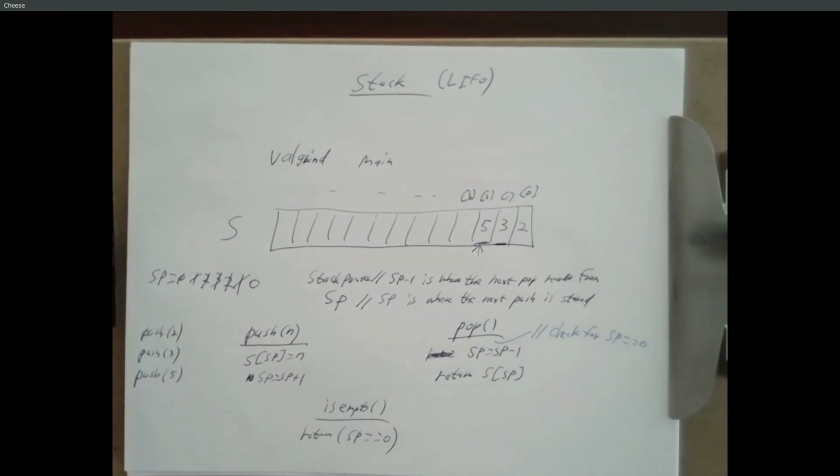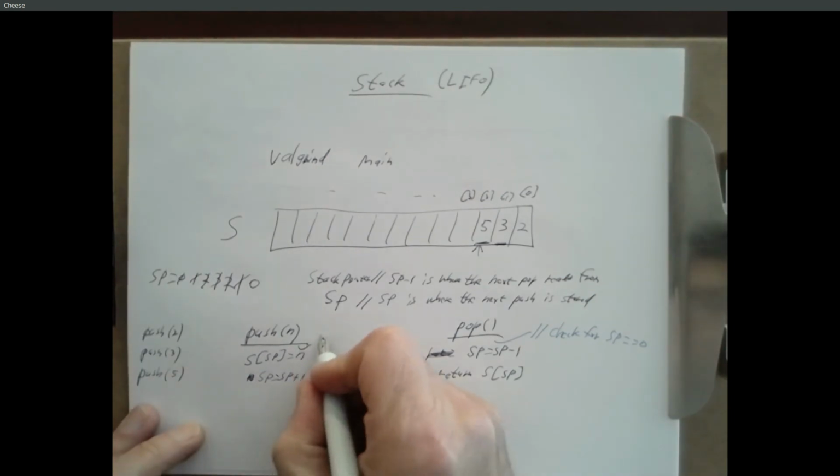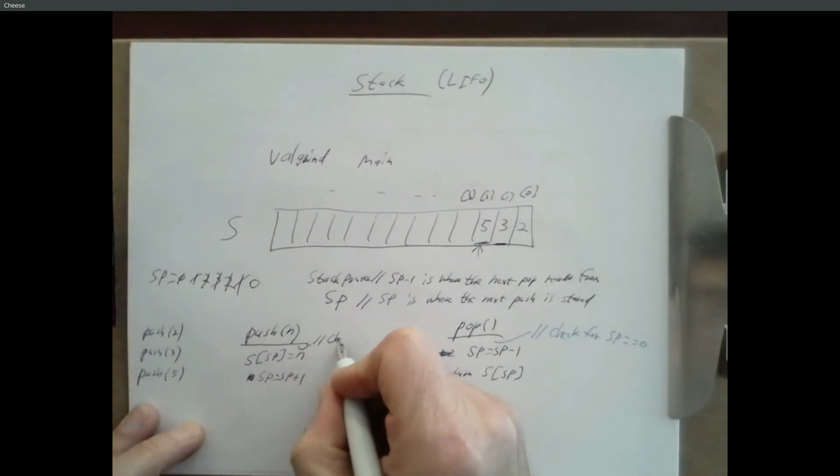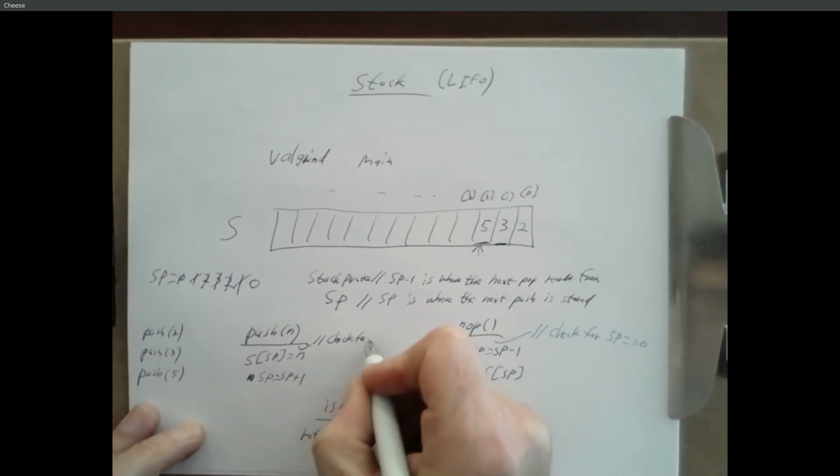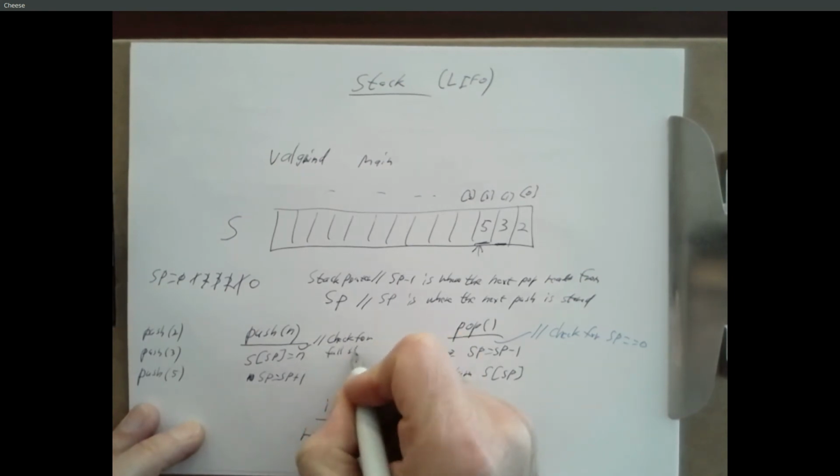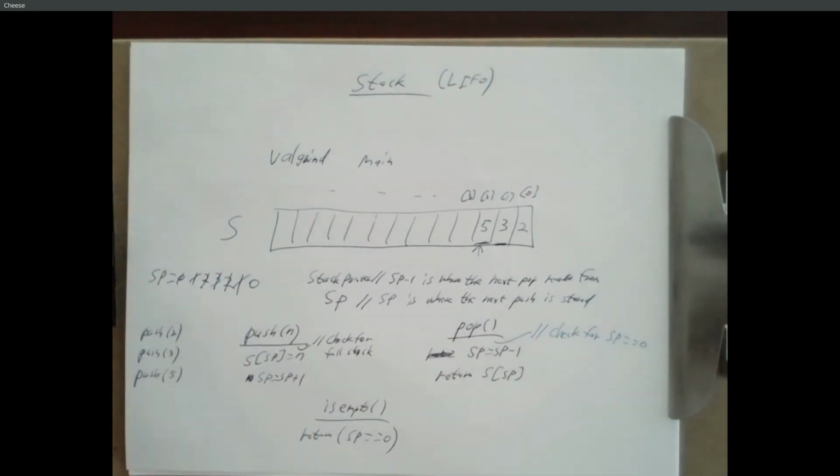So in the beginning of the push, we should have some kind of check for full stack. If the stack pointer is equal to whatever number corresponds to the last position in the array, then we can throw some kind of stack overflow error.